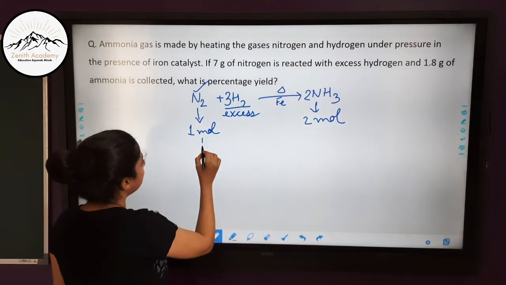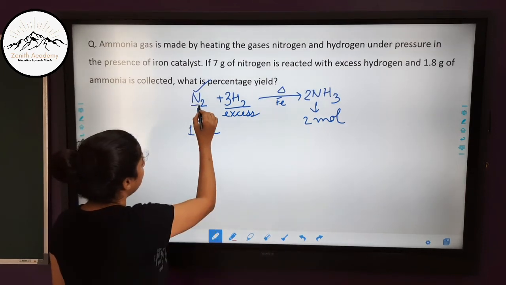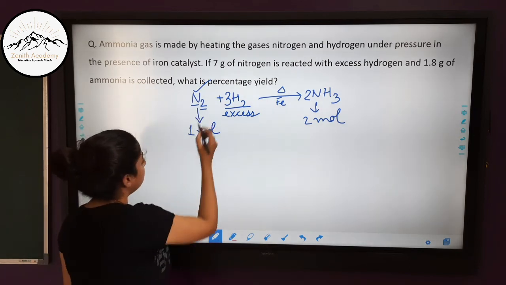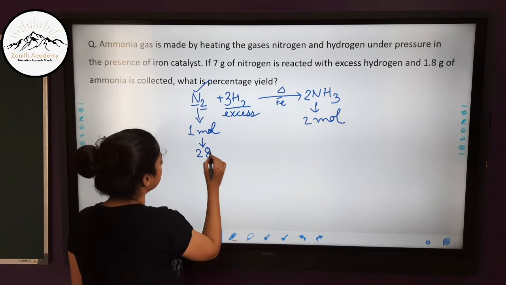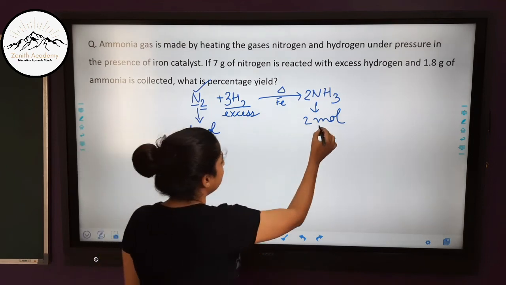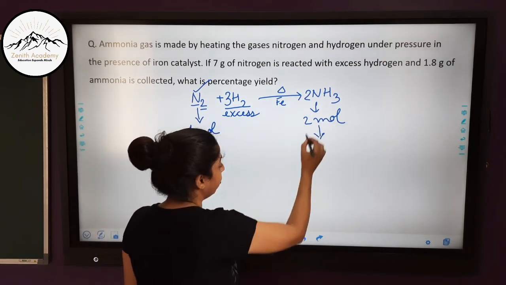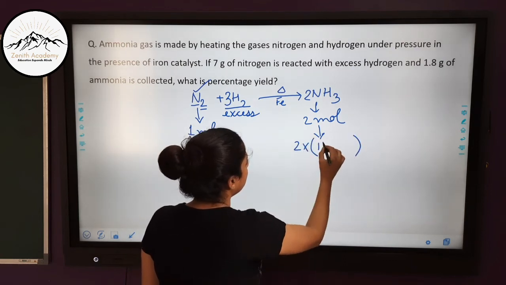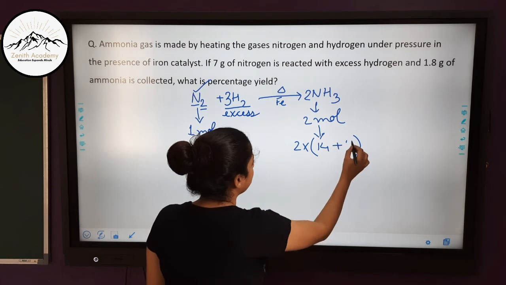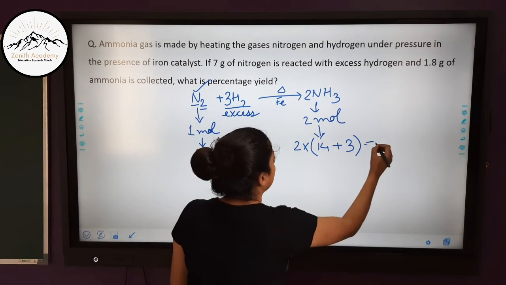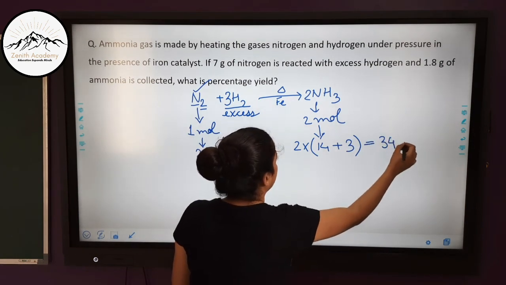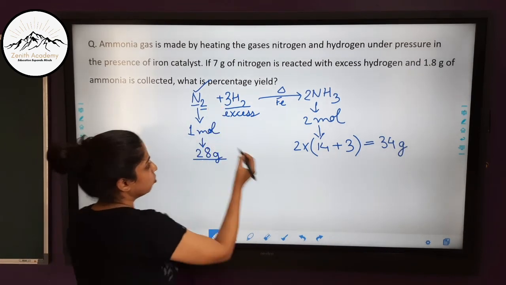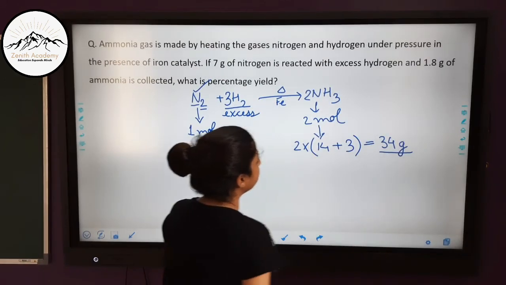We will find the relative molecular mass of N2. Now nitrogen is 14. So N2 will be 28 grams. And if we find the relative molecular mass of ammonia, it will be 2 into, now nitrogen is 14 and hydrogen is 3. So this is 34 grams. So 28 grams of nitrogen is forming 34 grams of ammonia.